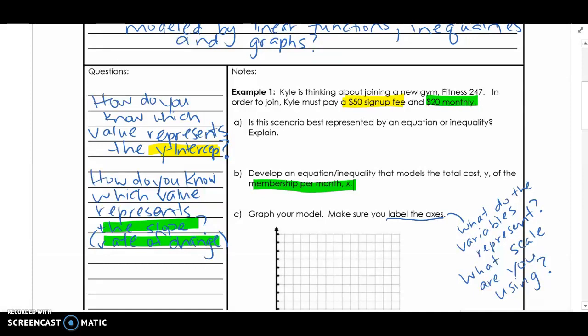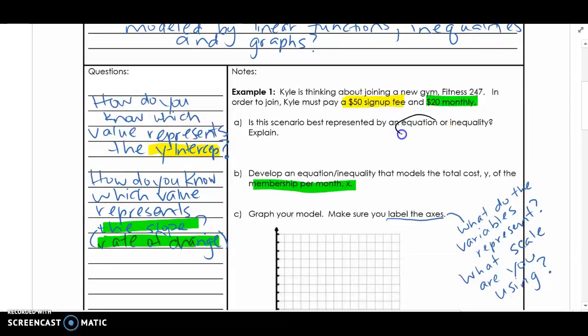So 1 month is $20. 2 months is $40. 3 months is $60. So this is our rate of change. His cost to join this gym is increasing by $20 each month. Some common words you can look for are per, each, every, and those words represent a rate of change.